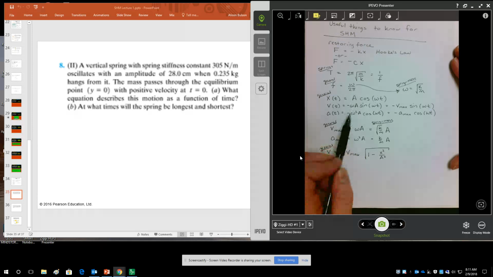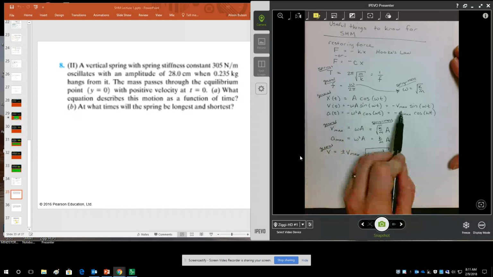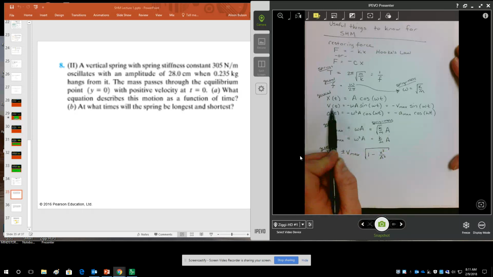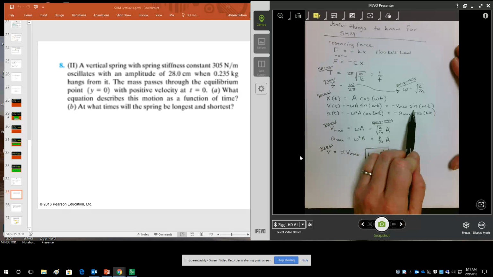If position is A cosine omega t, then the velocity function needs to be negative omega A sine of omega t, and omega A is the maximum velocity, as we discussed when we looked at conservation of energy. So the velocity with respect to time is negative v max times sine of omega t.